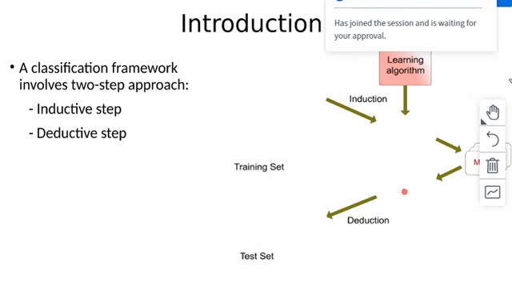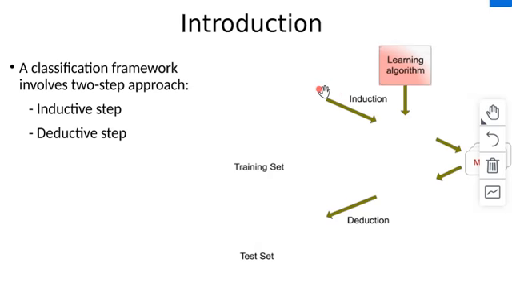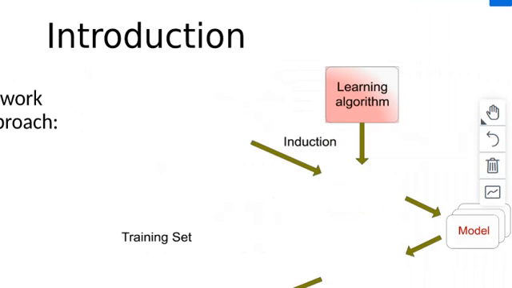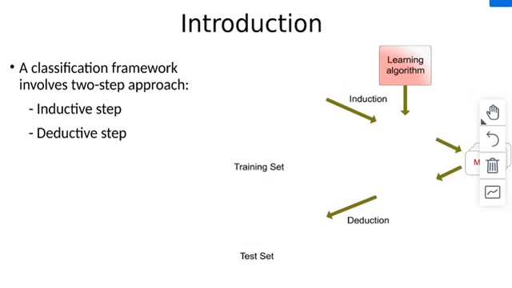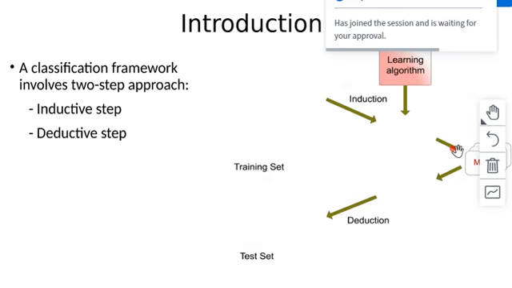You have come across this classification framework, which involves a two-step approach: one is the inductive step, and the other is the deductive step. The inductive step is to construct a classification model from the training data.